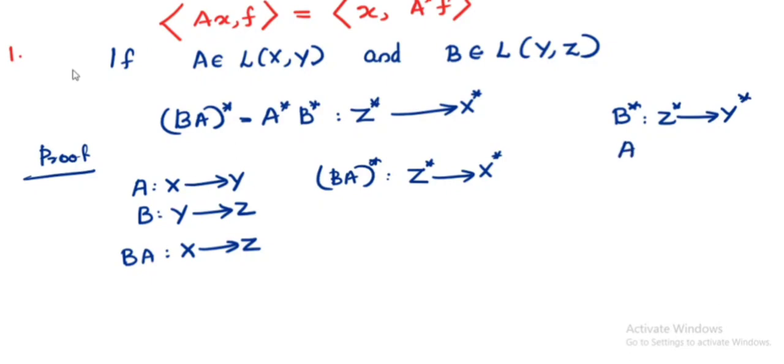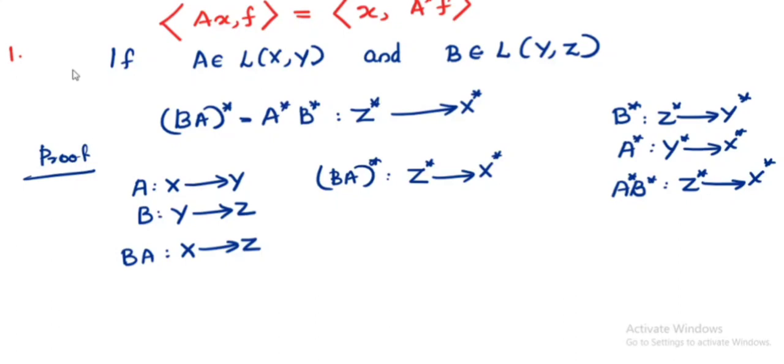A star is a function from Y star to X star. So A star B star is a function from Z star to X star. So BA star and A star B star, clearly both are functions from Z star to X star.